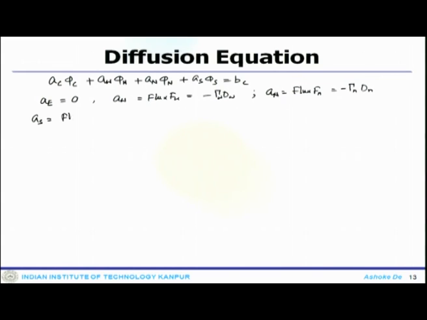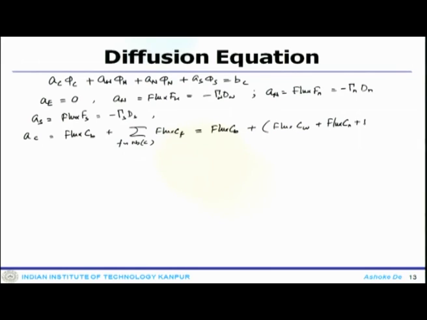AS is flux Fs, which is minus gamma S ds, and AC equals flux Cb plus the sum over all faces f of flux Cf, which is nothing but flux Cb plus flux Cw plus flux Cn plus flux Cs.